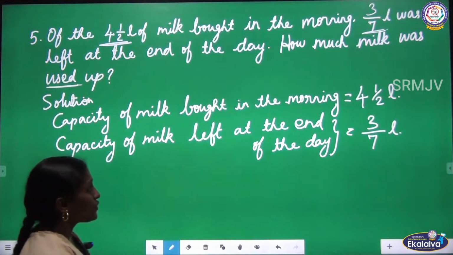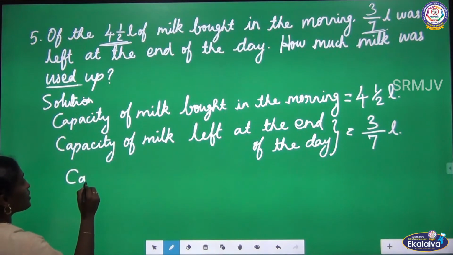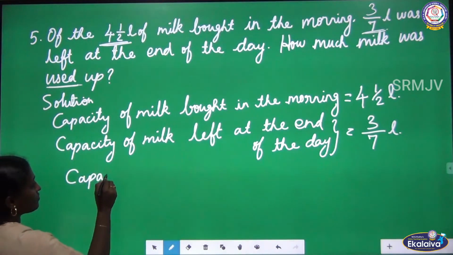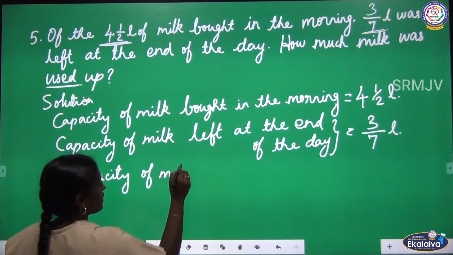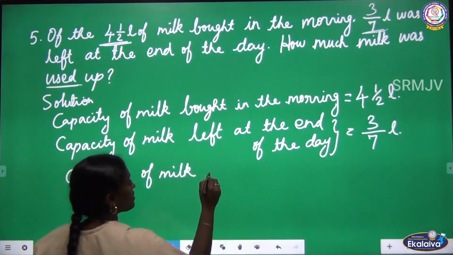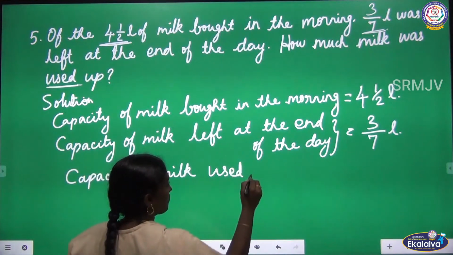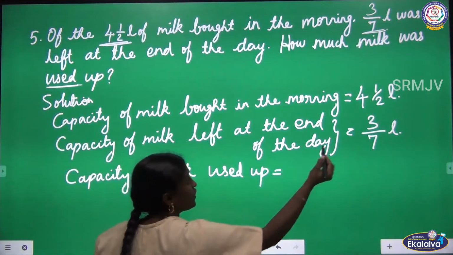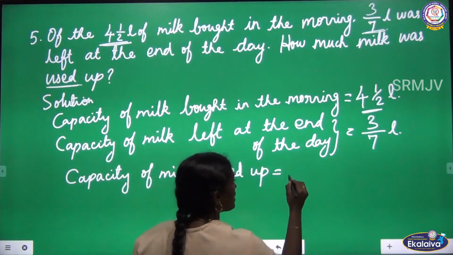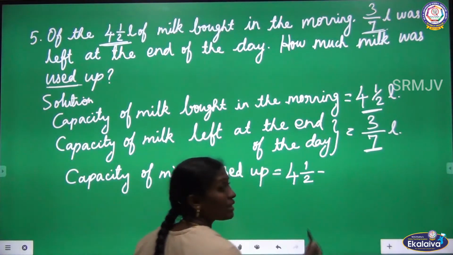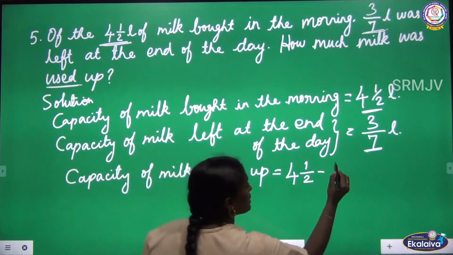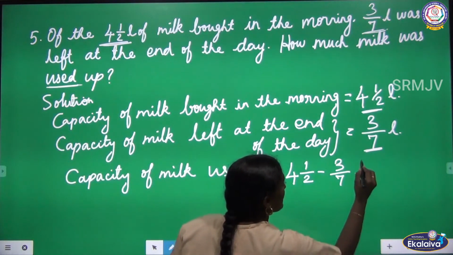Now we are going to find the capacity of milk used up. For that, from the total quantity they bought, we have to subtract the capacity of milk left at night, that is 3 by 7 liter.